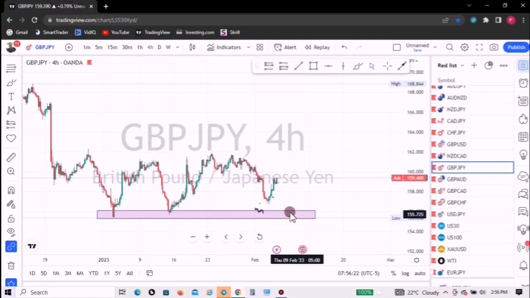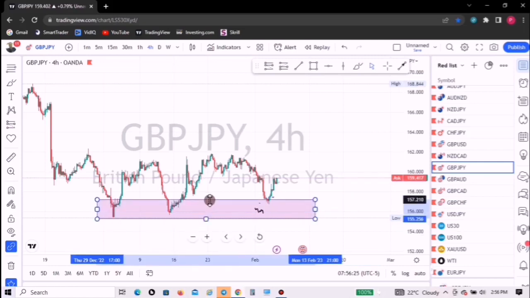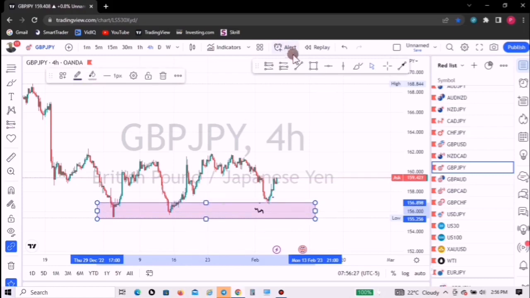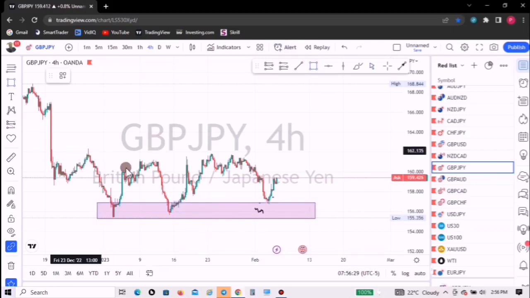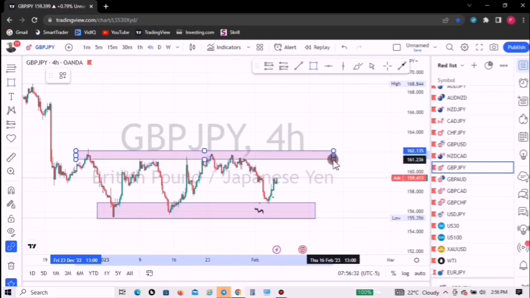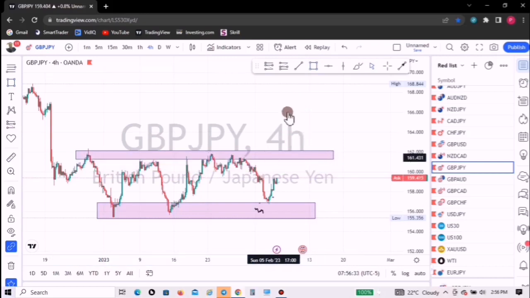You might miss it, so you just mark the whole region where price reverses, and you also mark the whole upper region where price reverses. What you want to catch are the reversals at this point, at this point, at that point. And right here, it's a missed trade already.